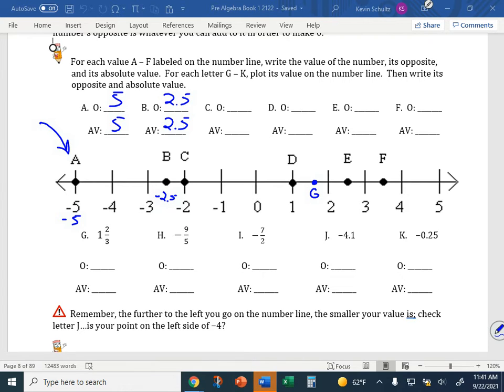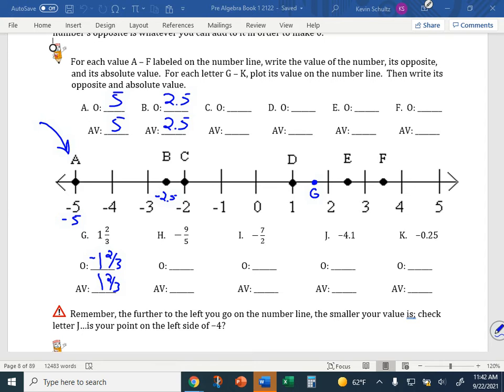So now what is the opposite of 1 2/3? -1 2/3. What's the absolute value of 1 2/3? +1 2/3. Okay. Will an absolute value ever be negative? Why not? Why won't an absolute value ever be negative, Jack?